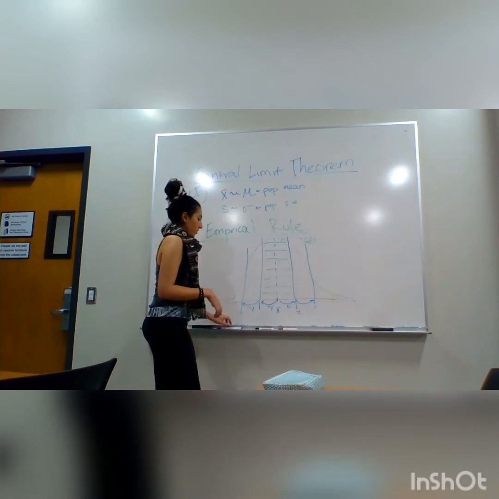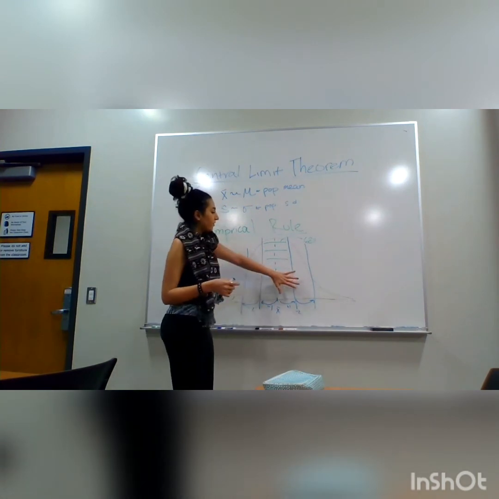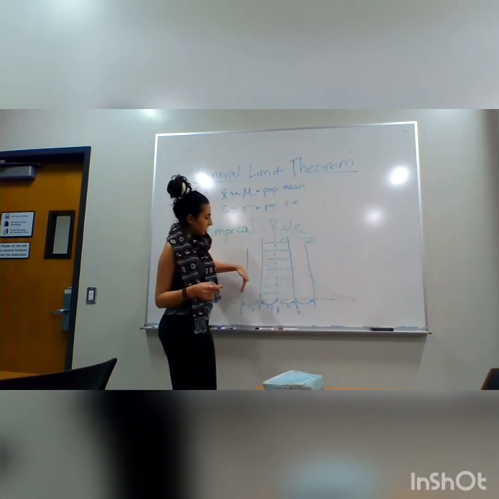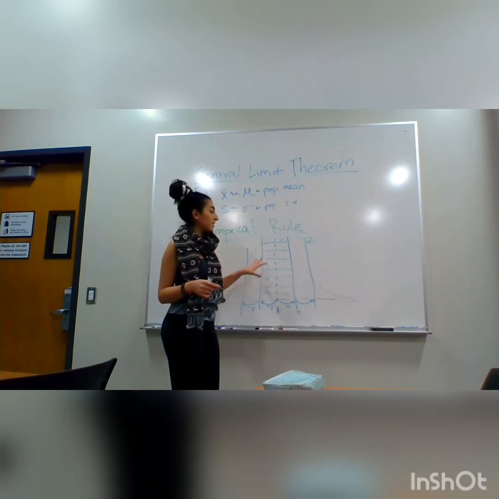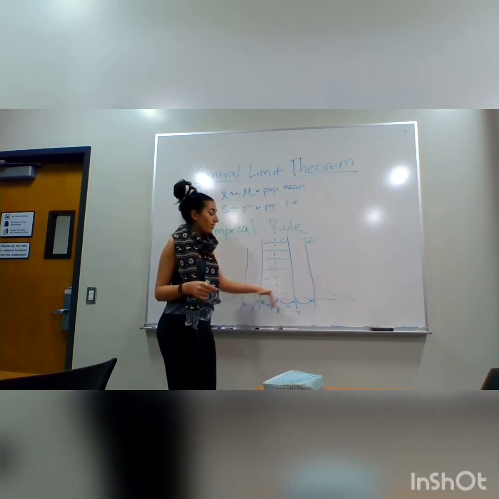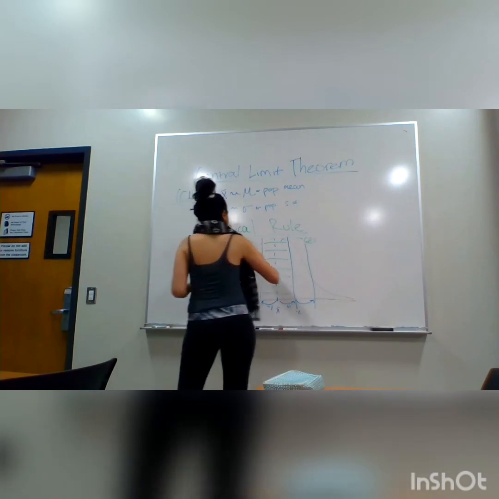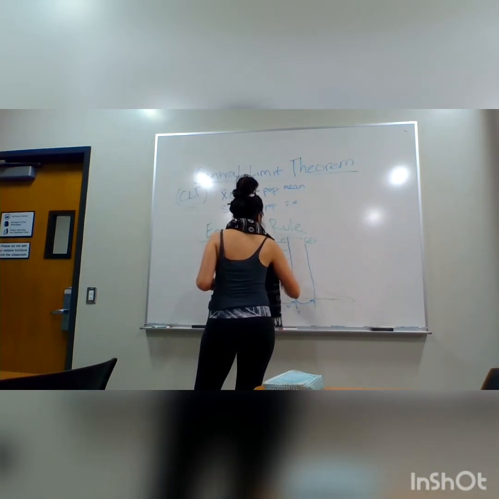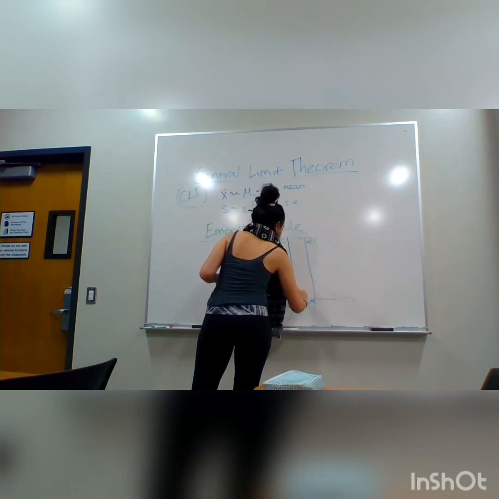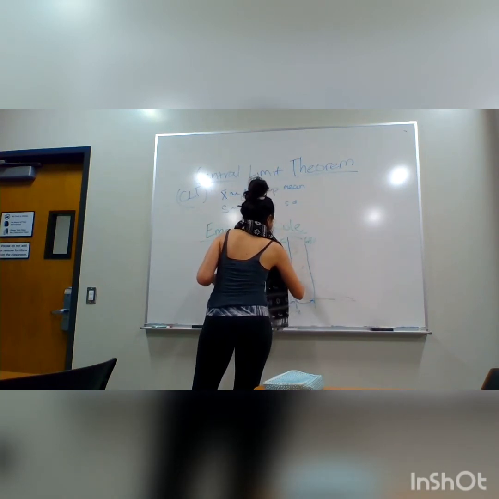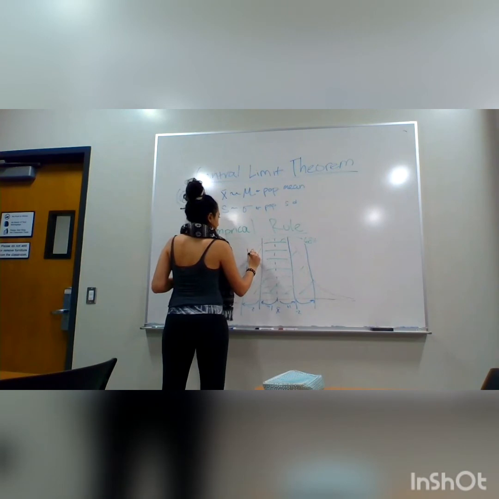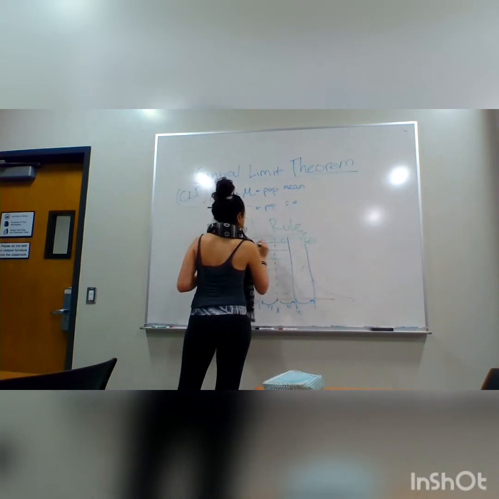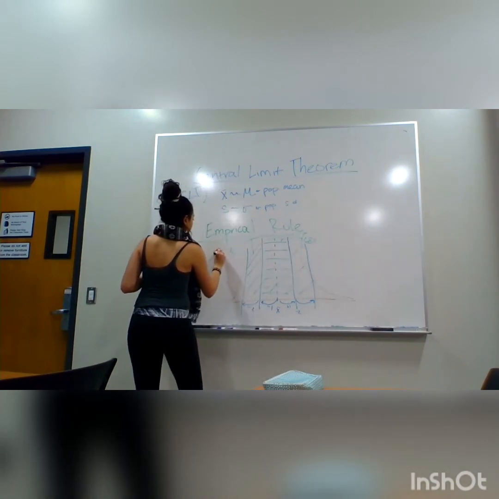Now, the empirical rule also says that everything now from here to here, this is going to be 95% of your data points are going to fall within this range of values.